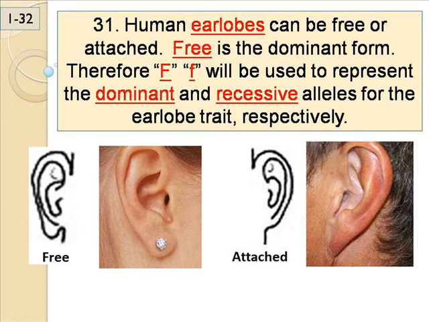If your father's got two recessive alleles for earlobe attachment, you will have attached earlobes. If your mother has one dominant and one unattached, you'll have unattached. You'll inherit one. So I must have miswrote that.